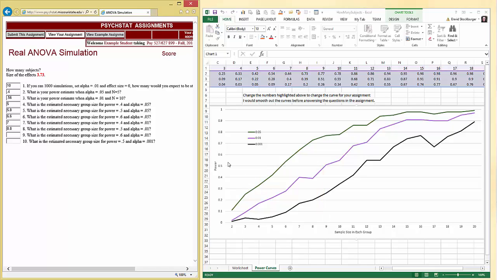Power equals 0.6 and 0.01, probably right about here, let's say about 10. Power equals 0.5, and now we're going way over to the 0.01 line. 11.5.